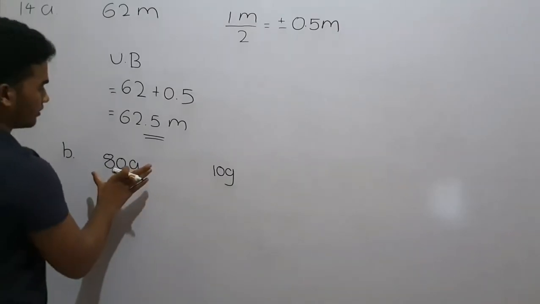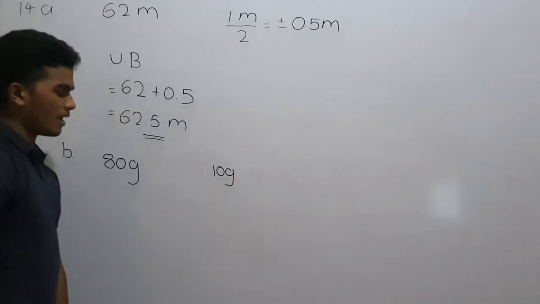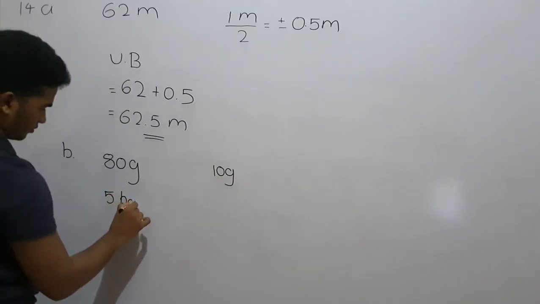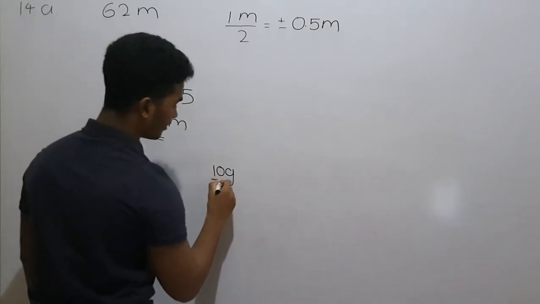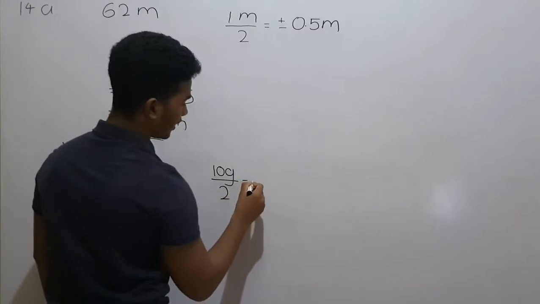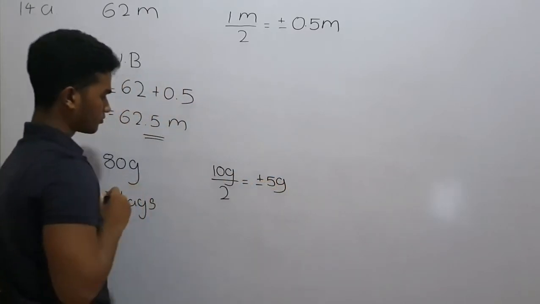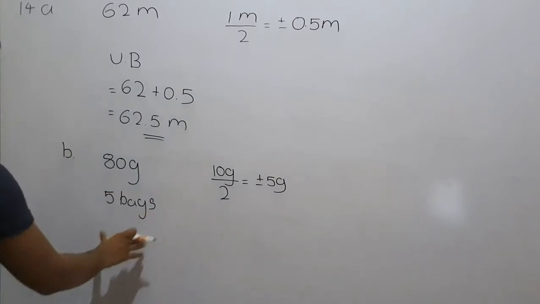So one bag is 80 grams and it is given to nearest 10 grams, and they are asking us to calculate for 5 bags. We'll get the adding and subtracting value by dividing this by 2, so we're getting plus or minus 5 grams.